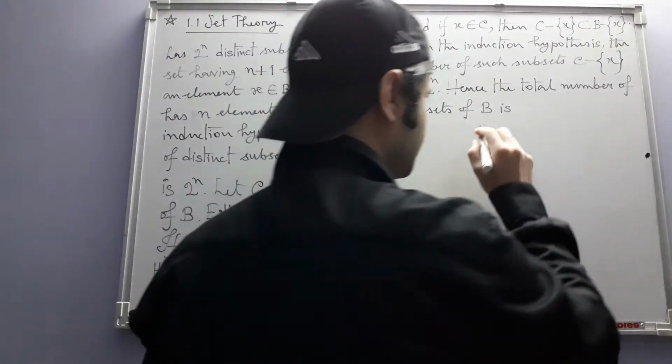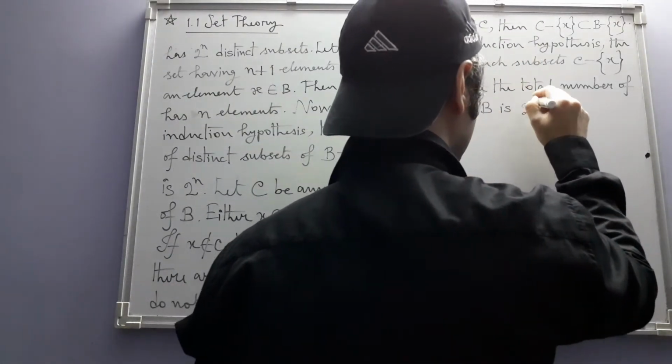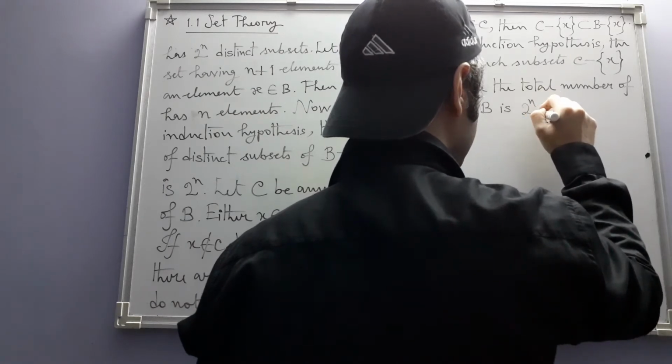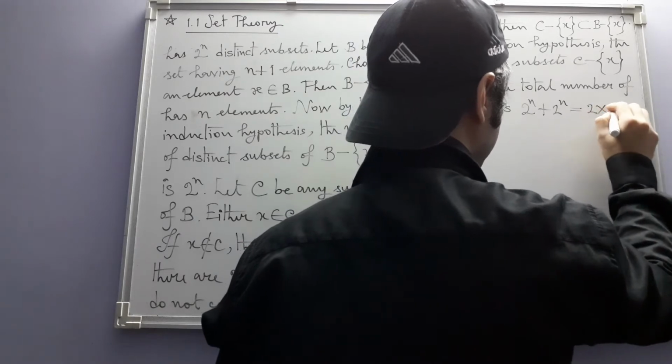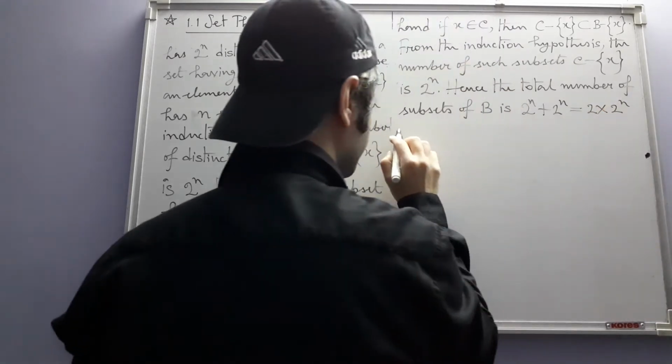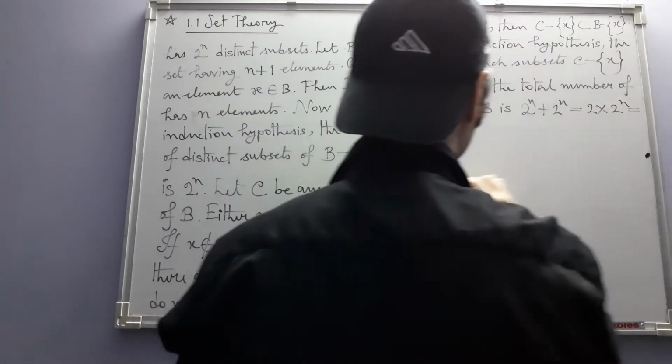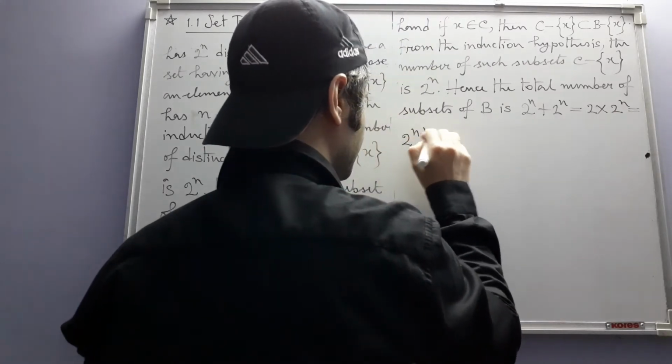So the total number of subsets of B is 2 to the power n plus 2 to the power n, which is 2 times 2 to the power n, which is equal to 2 to the power n plus 1.